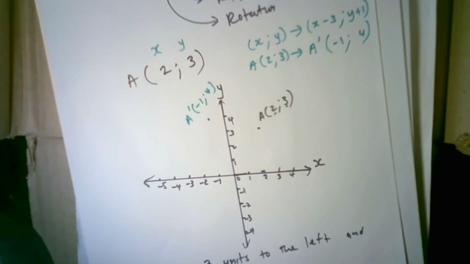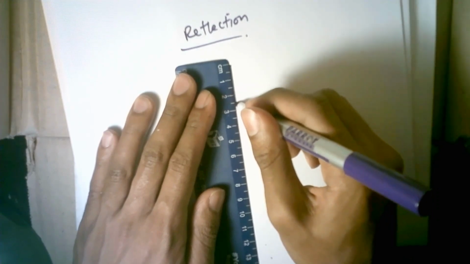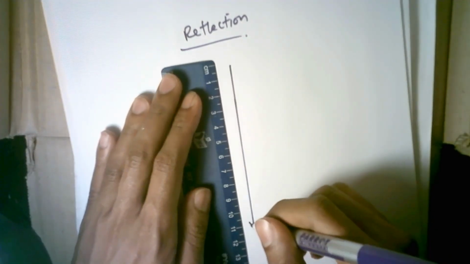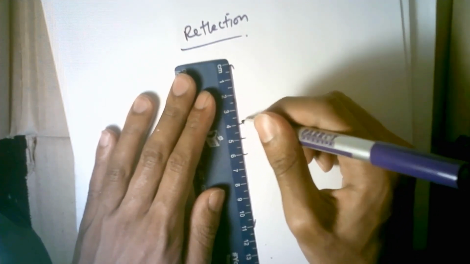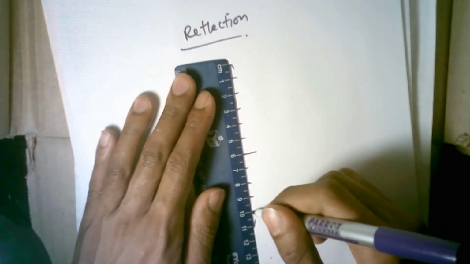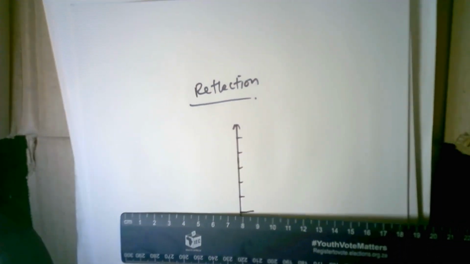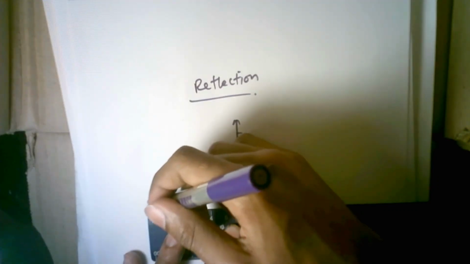Now, moving on from there, you also get reflection. Now, reflection is like looking at yourself in the mirror. You see a reflection of yourself. Let's draw the Cartesian plane, and let's draw the x-axis as well.